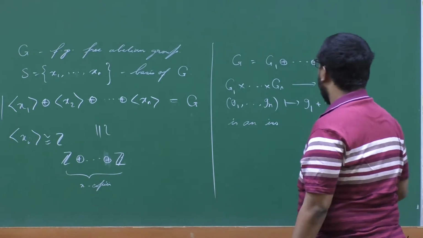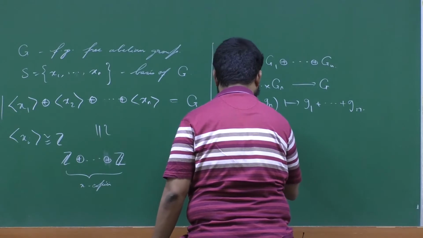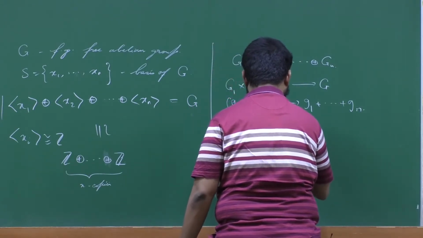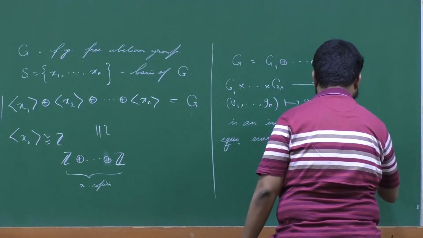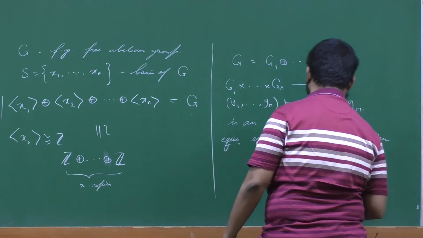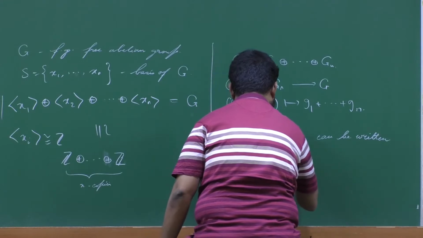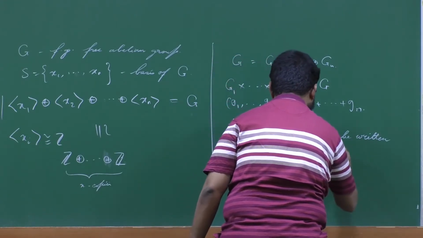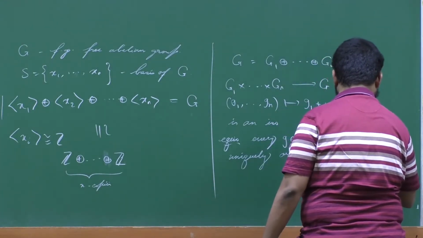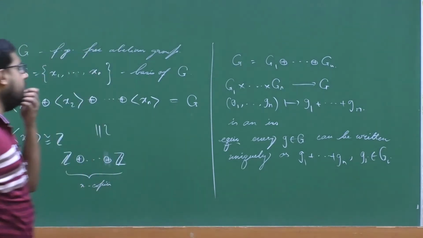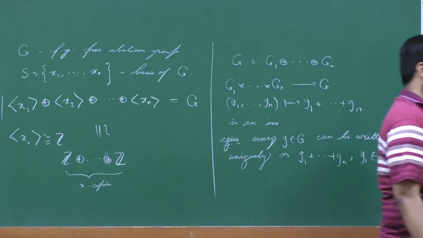An equivalent way to put that is every g in G can be written uniquely as g1 + ... + gn, where each gi is from Gi. We have proved the equivalence earlier, so I have just reminded you.